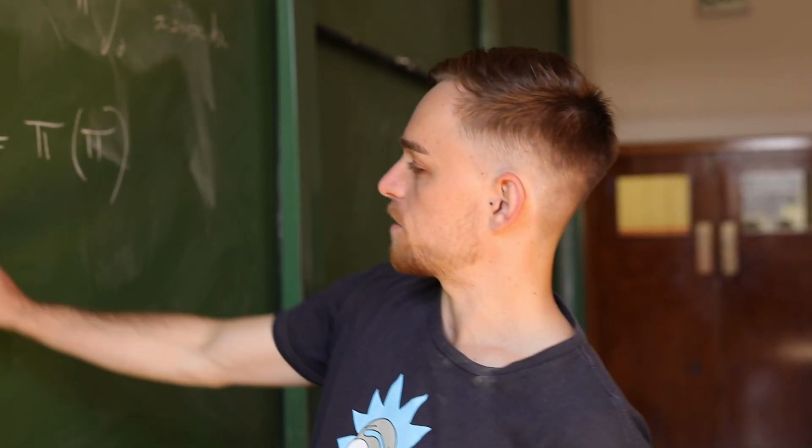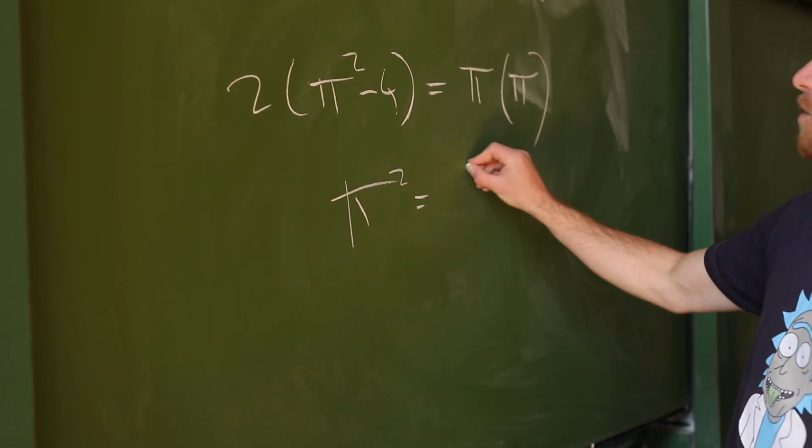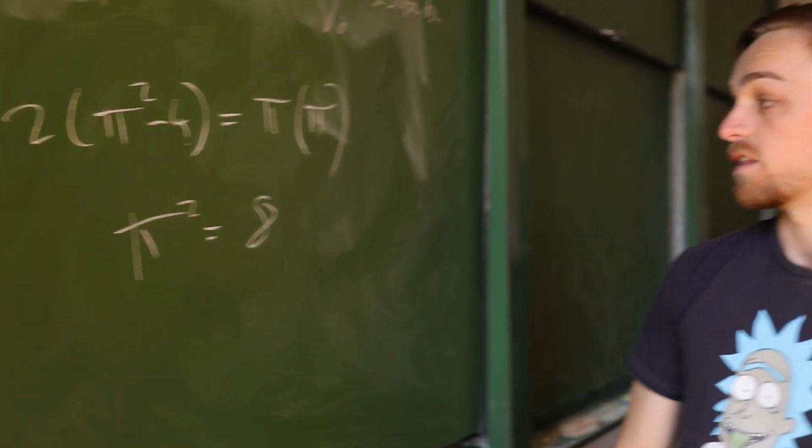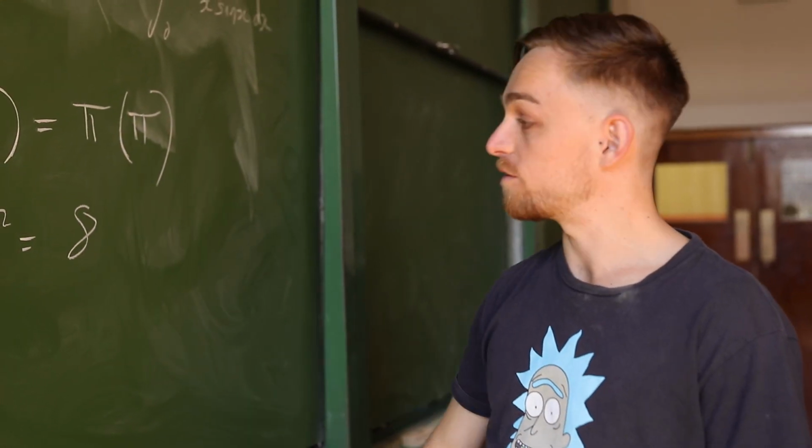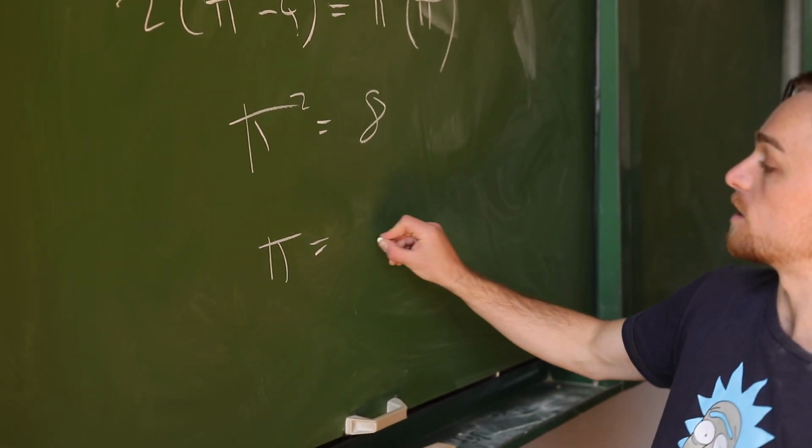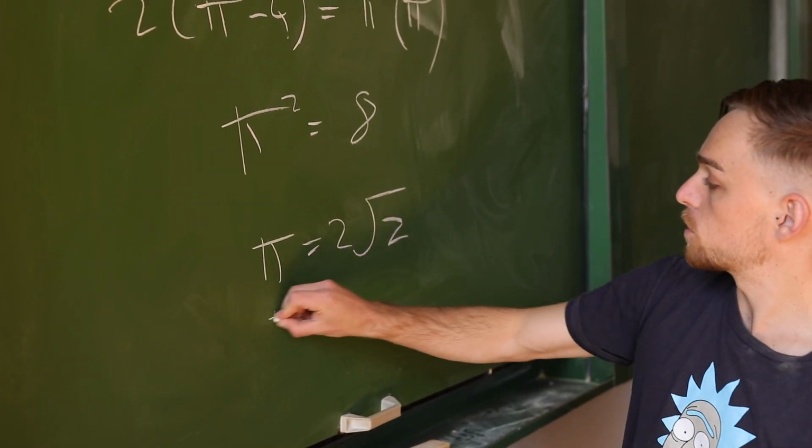We rearrange for pi squared, which gives us pi squared equals 8. Therefore, pi is the square root of 8, which is 2 root 2.